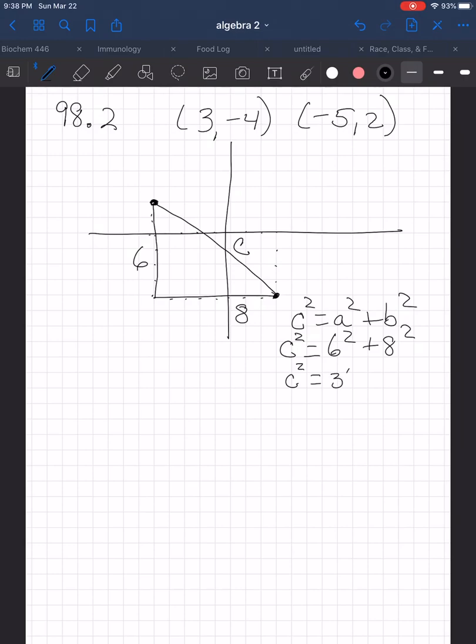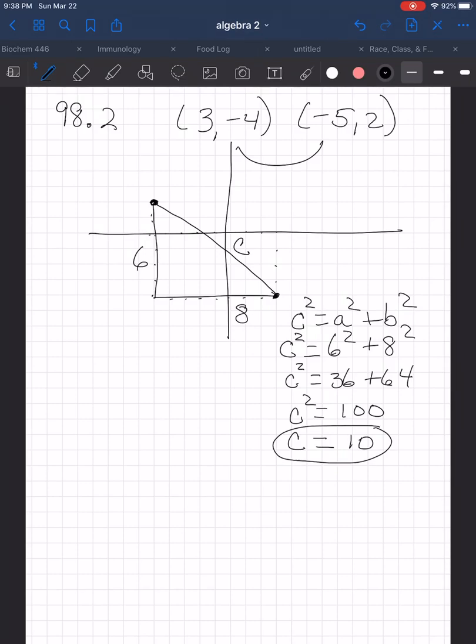So c squared is equal to 36 plus 64. c squared is equal to 100. And then we take the square root; the square root of c squared is c. The square root of 100 is 10. So the distance between these 2 points is 10.